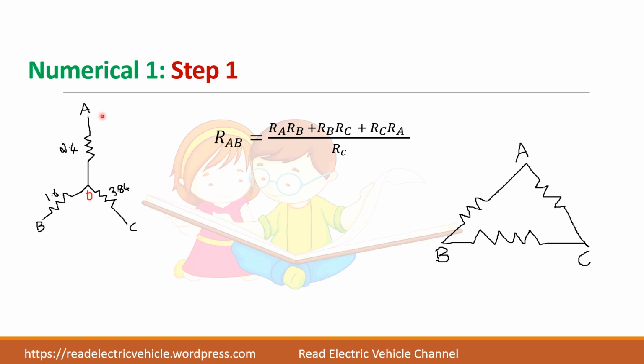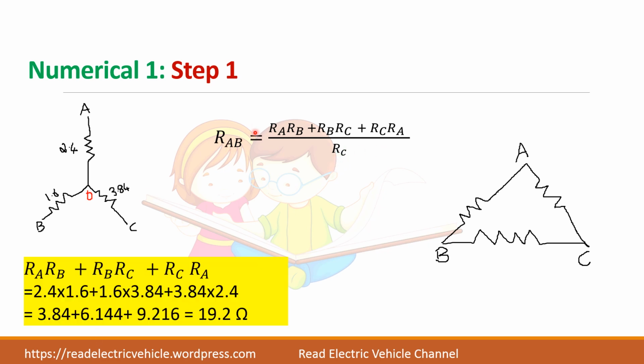That is, RAB is equal to the sum of the products of the resistances divided by the variable which is missing here, that is RC. I am doing the calculation separately. You multiply and sum the values, and it comes to around 19.2 ohms. So 19.2 divided by RC, which is 3.84, gives 5 ohms. In the delta network, we have found the value for RAB.